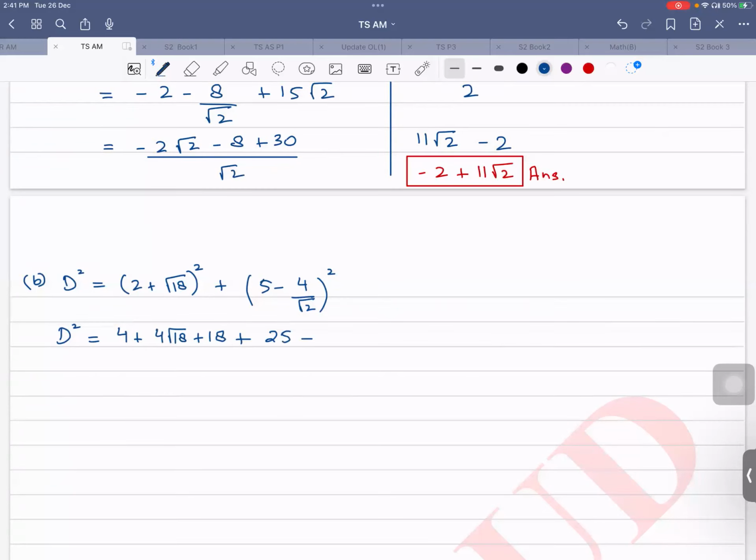A square minus 2ab plus b square. What will its b square become? 8 upon... No, no, it would be 16 upon 2, which is 8.